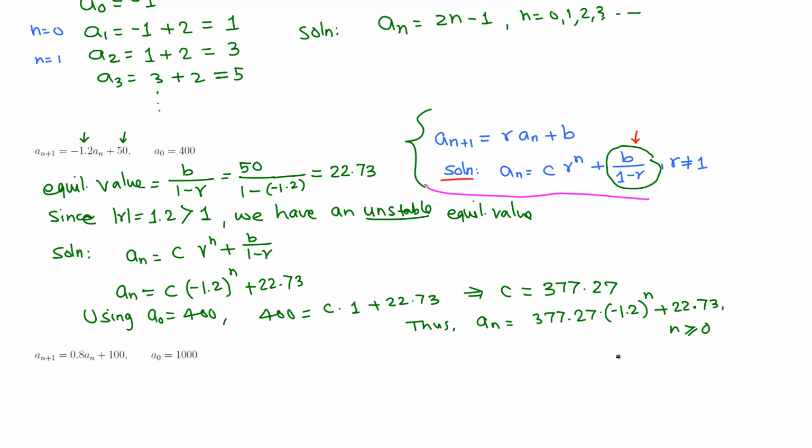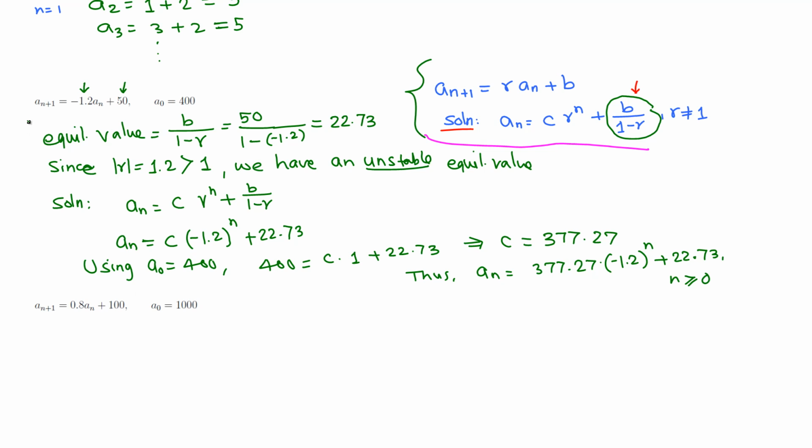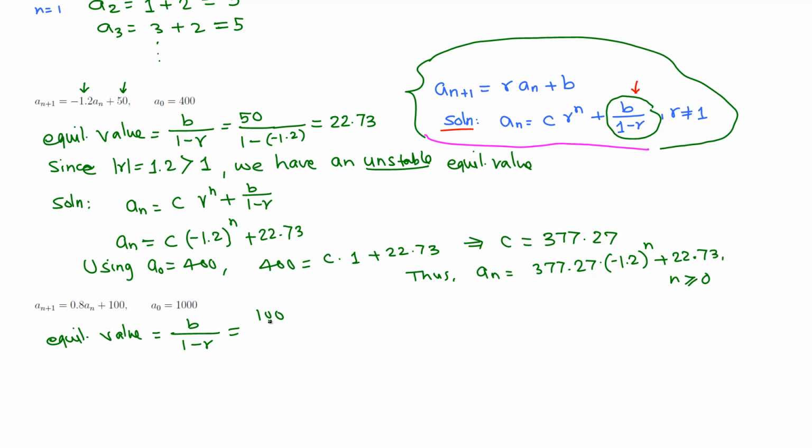Okay. Now the next problem is similar to what we just did. r is 0.8, which is not equal to 1, so we can still use the same formula like here. So for the equilibrium value, let's find this first, that is b over 1 minus r, and b is 100, over 1 minus r. r is 0.8, so 0.2, so 100 over 0.2, that's 500.